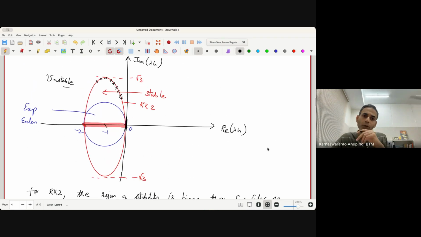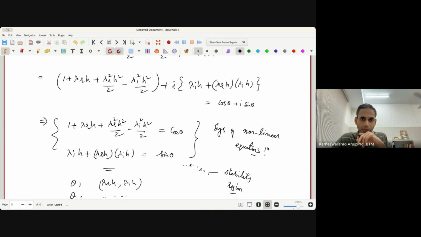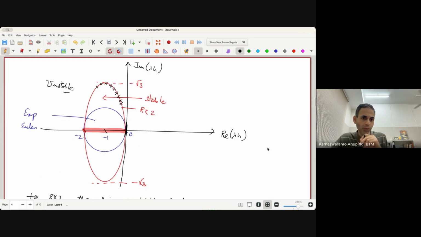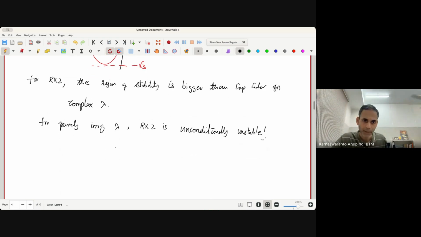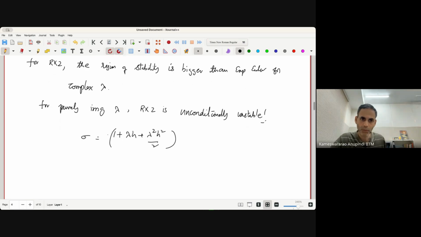Now we should be able to prove that also from the equation. So the equation we got was essentially 1 plus lambda h plus lambda square h square by 2, right? That is my sigma value. We want the modulus of this to be less than or equal to 1 to obtain a stable method.